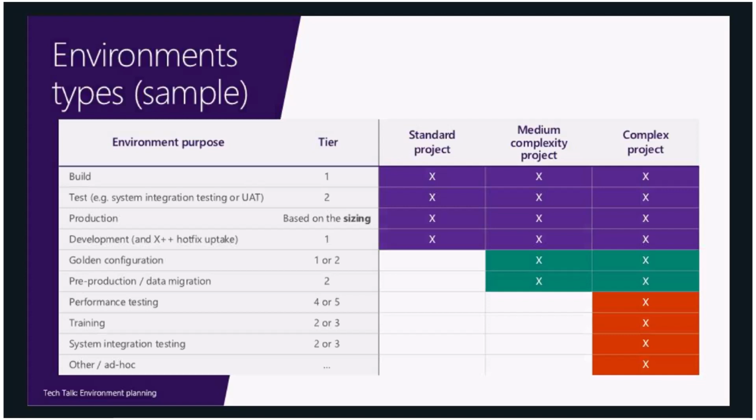In order to avoid those situations, a dedicated environment for data migration is allocated. Then in larger implementations, we see most of the time that specific environments will be allocated for performance testing. They will be more powerful. Training, and also the other types of testing.